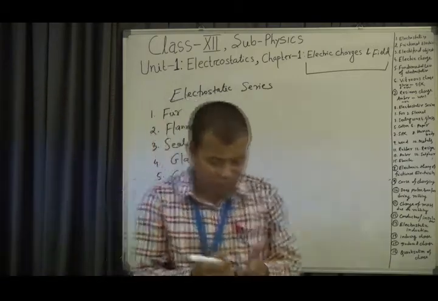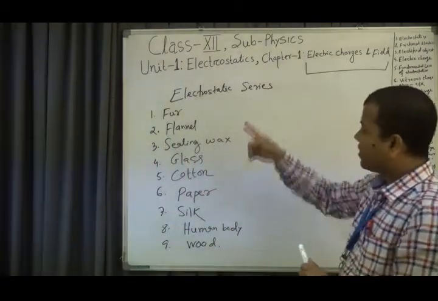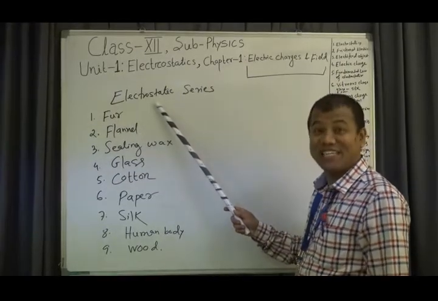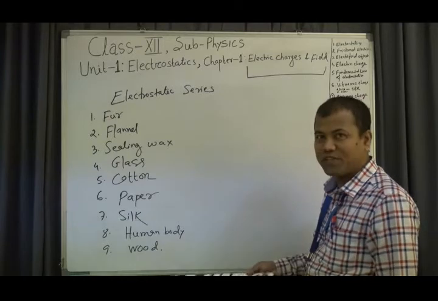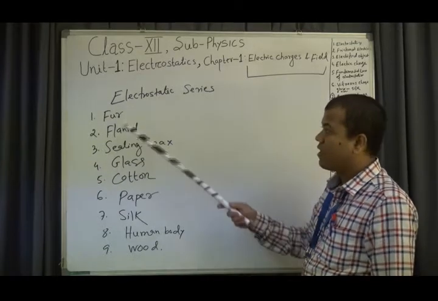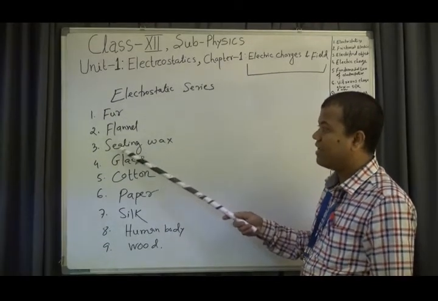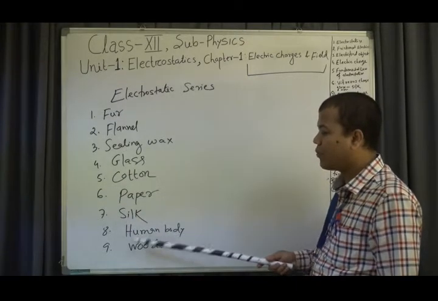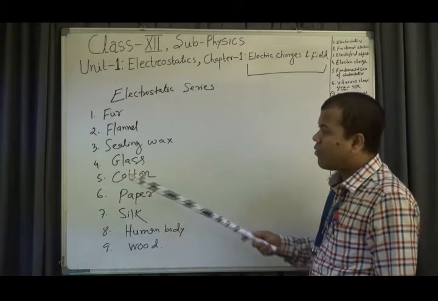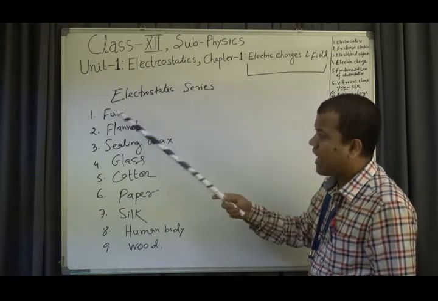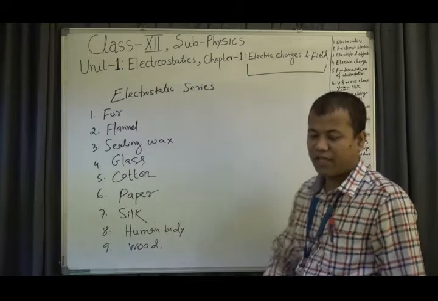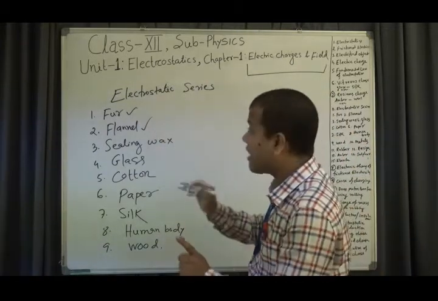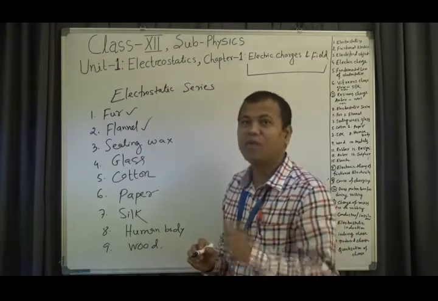Now let me explain about these different objects. In the electrostatic series, I have written nine objects: fur, flannel, sealing wax, glass, cotton, paper, silk, human body, wood. If I take fur and flannel, number 1 and number 2, and rub fur with flannel, what will happen?